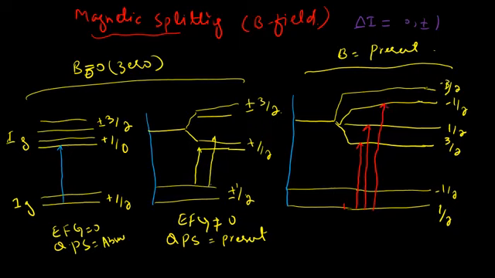Then from minus 1/2 to 3/2. So all these transitions follow this one selection rule.